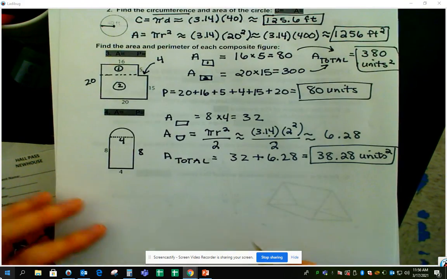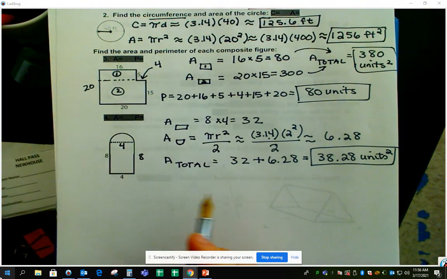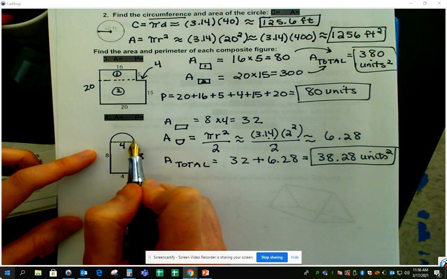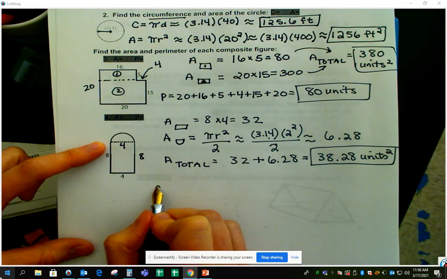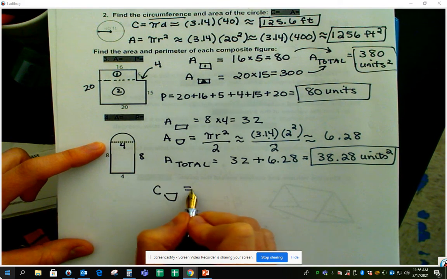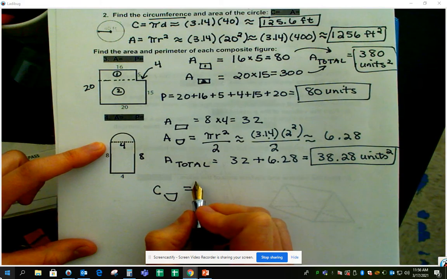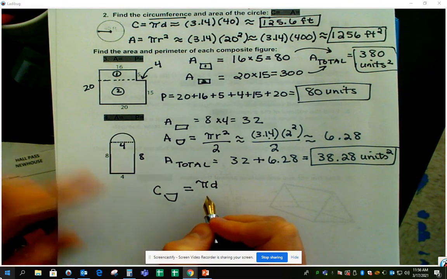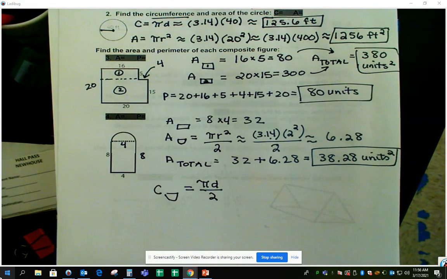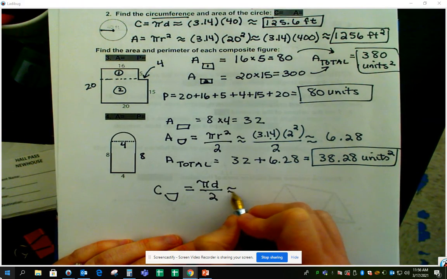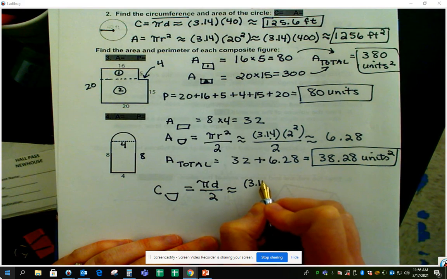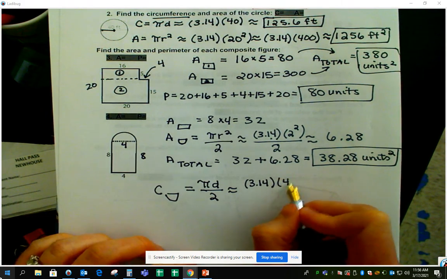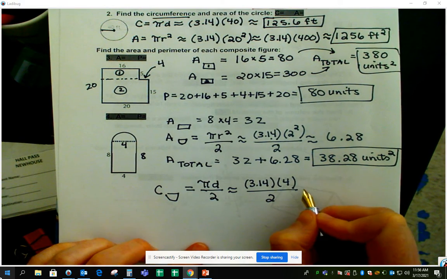Okay, for the circumference, the perimeter, we know these sides, but we don't know this. This would be the circumference of our semicircle. So remember, the circumference of a circle is pi times diameter, since we know the diameter, but this is half a circle again, so we're going to divide it by 2. Okay, so let's plug in our values. Pi is 3.14. Our diameter is 4. And we're dividing that by 2.